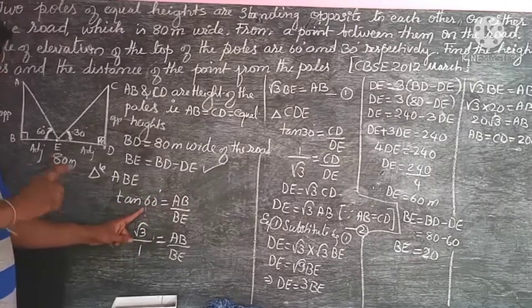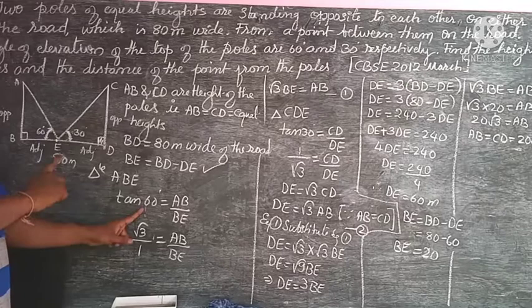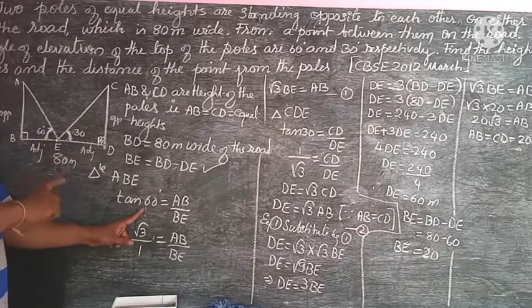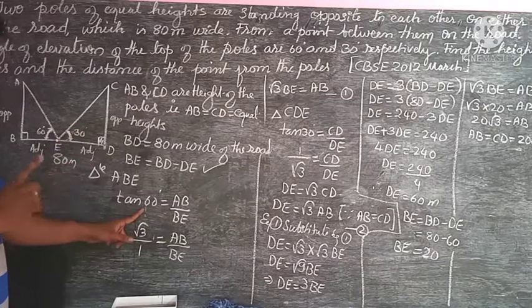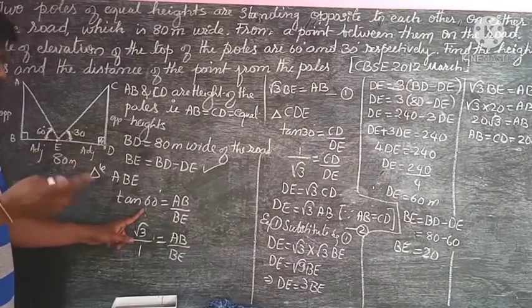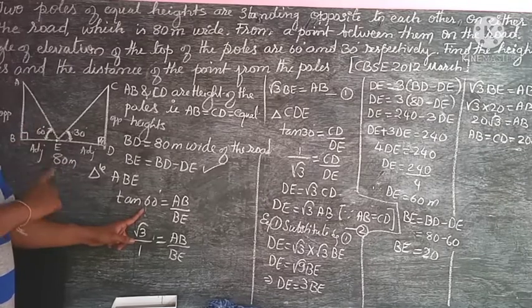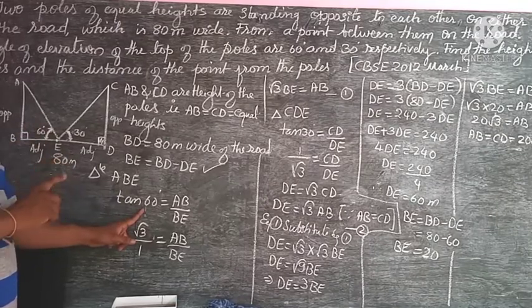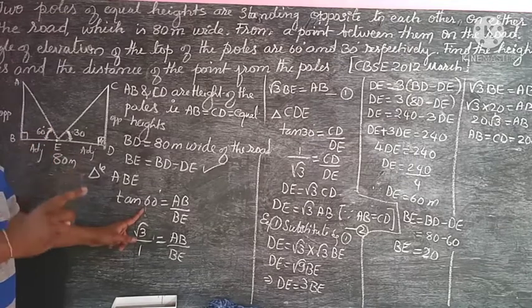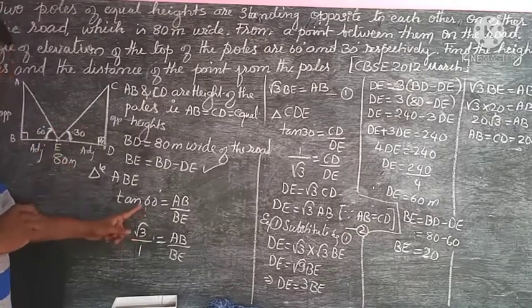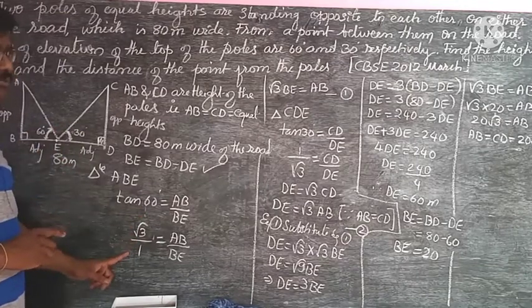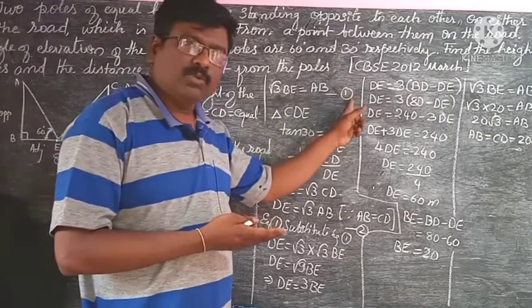For all these trigonometric angle values, we must and should be perfect. In the previous class I explained all the trigonometric angle values. So how did we remember them? By using fingers. Understood? So therefore tan 60 degrees value you can substitute, called equation number 1.